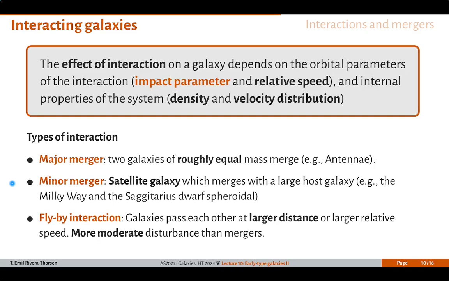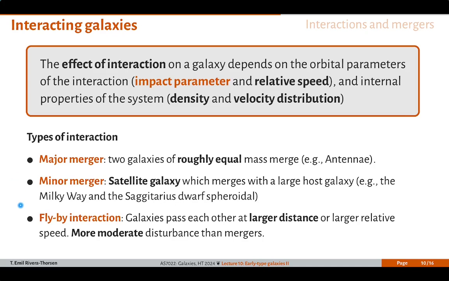For example, the Milky Way has the Sagittarius dwarf spheroidal merging with it. And probably the Milky Way has been swallowing up other dwarf spheroidal satellite galaxies for breakfast quite a few times in its history.